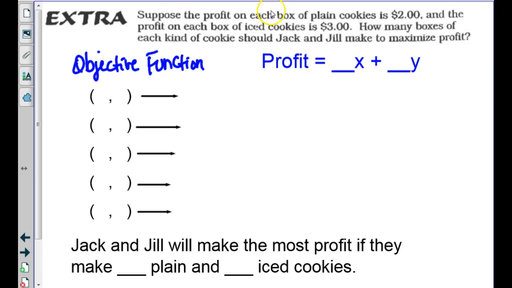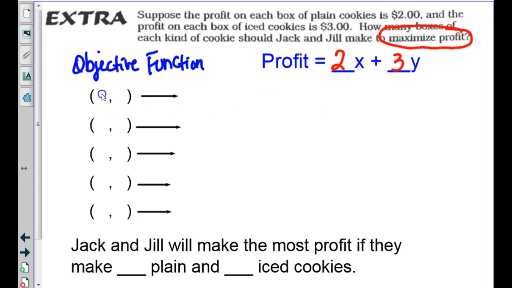All right, suppose the profit on each box of plain cookies is $2. So we make $2 per box of plain cookies, and iced cookies is $3 per box. That's the objective function, and what we are trying to do is maximize the profit. Sometimes the objective function is cost, and then we want to minimize the cost. Does that make sense? All right.